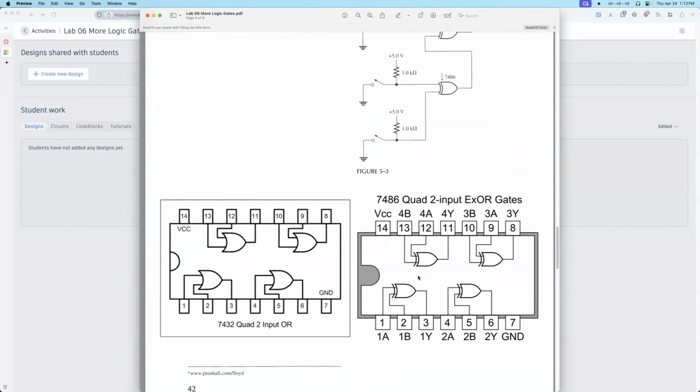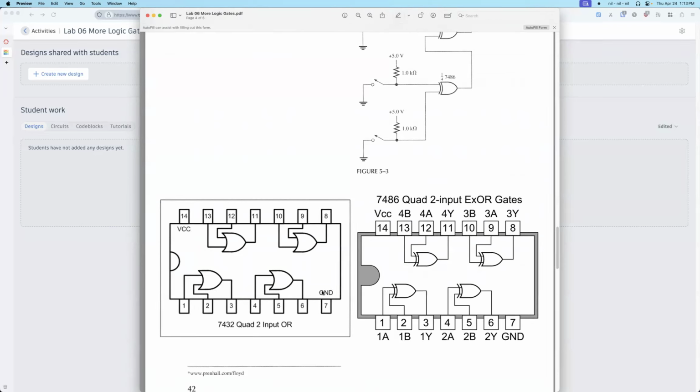So this is the chips, the pinout. 32 is a quad two-input OR gate. So there are four OR gates inside. For this one, pin 1 and pin 2 are inputs, pin 3 is output.